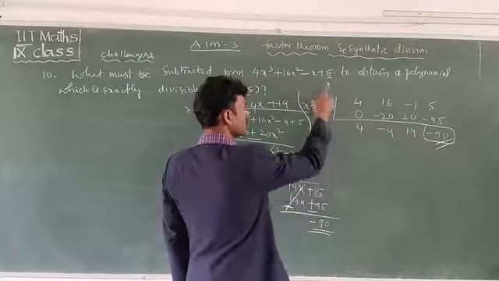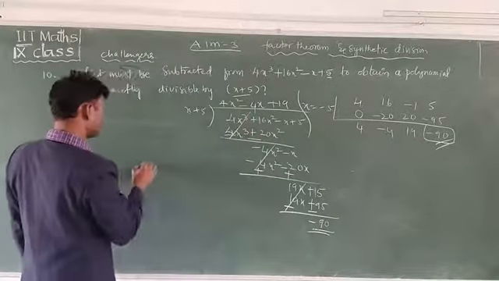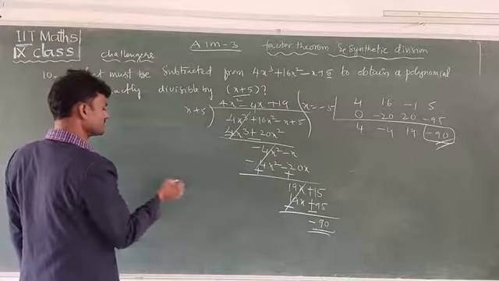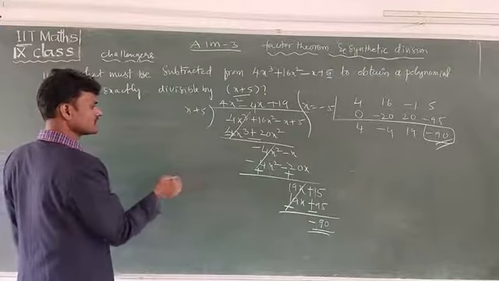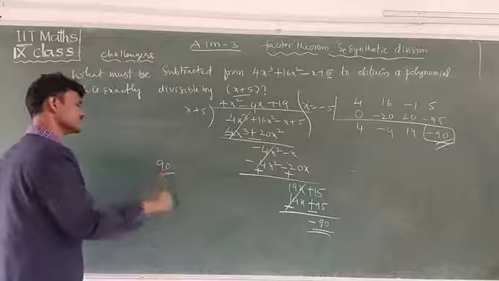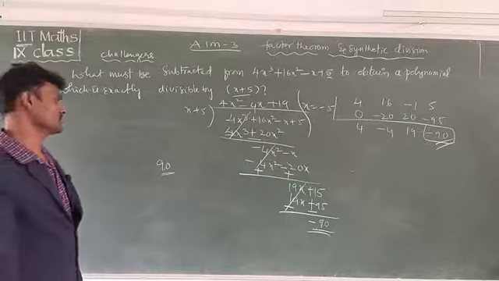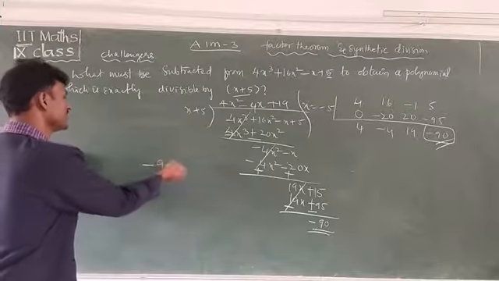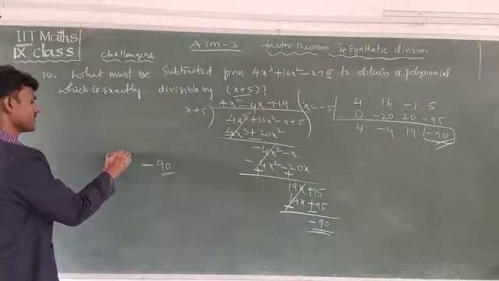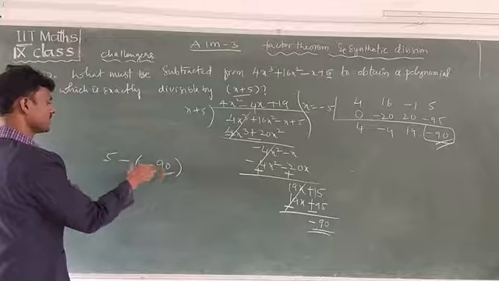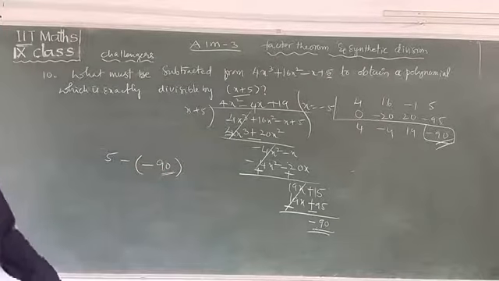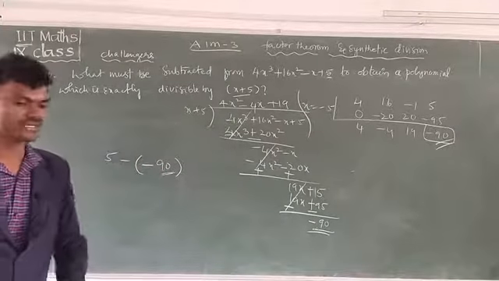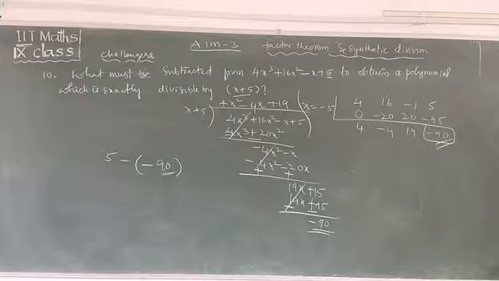That's why, for what must be subtracted from this number, you have to subtract plus 90. Okay. Plus 90 means here minus 90 is the remainder. Subtracted means here 5 minus of minus 90, minus into minus is plus. That's why here plus 90, that is 95. Minus 90 subtracted.